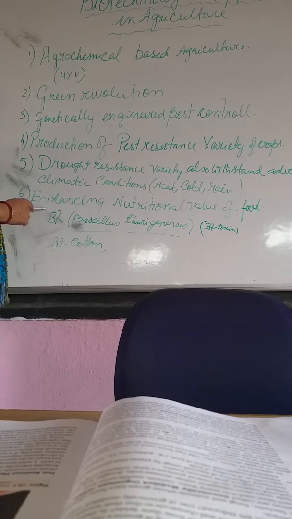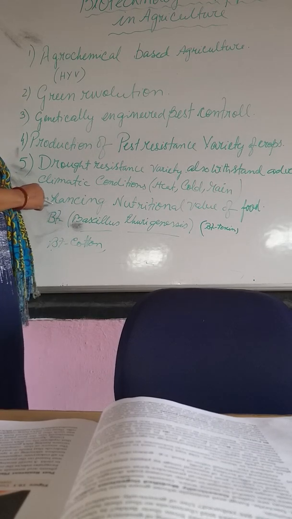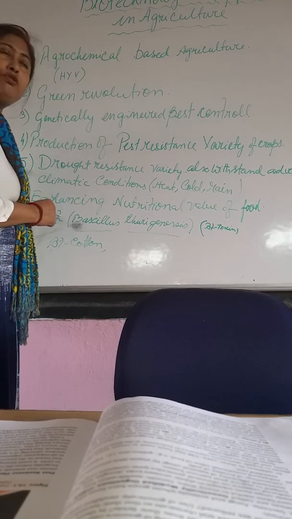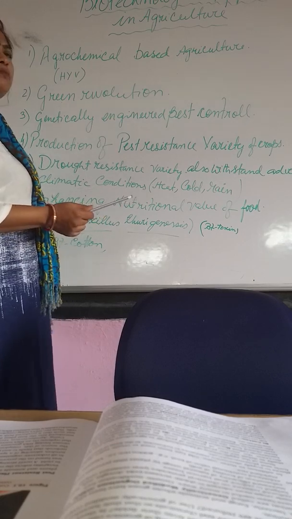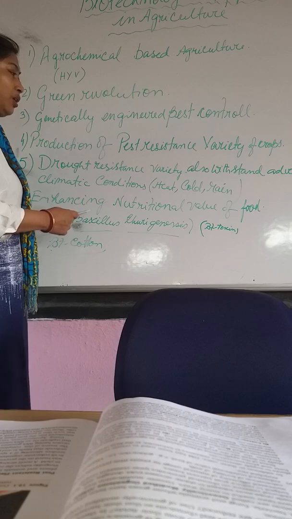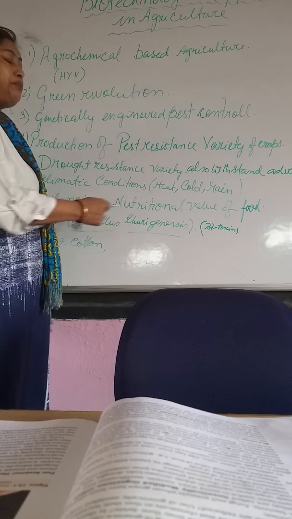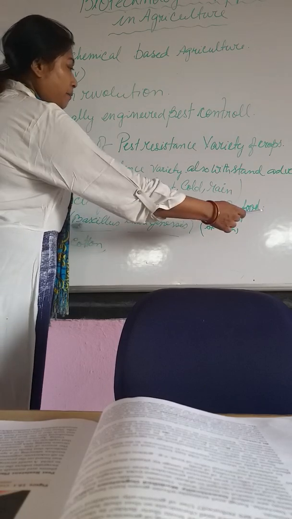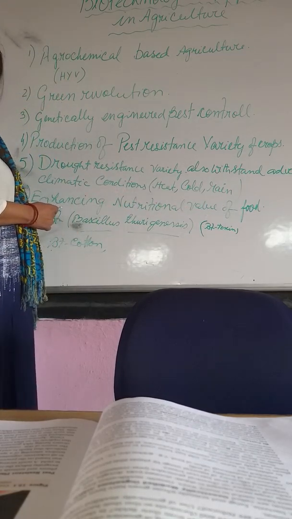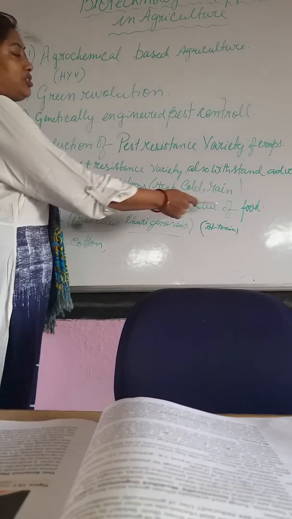Then another thing, some plant varieties used to produce fruits or vegetables that were not marketable or not exploited. Now these agricultural products have enhanced food value and are made available to the market. That is enhancing nutritional value.